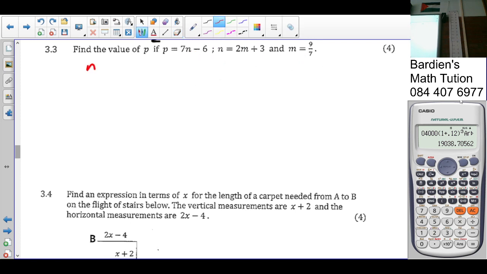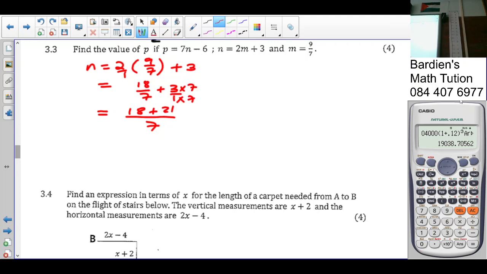So n is equal to 2. What is your m value? 9 over 7 plus 3. So that simplifies, that's 18 over 7 plus 3. What's your LCM here? 7. So that's going to give you 18 plus 3 times 7, 21. 18 plus 21 is going to give you 39.